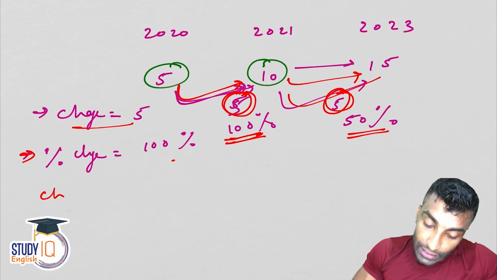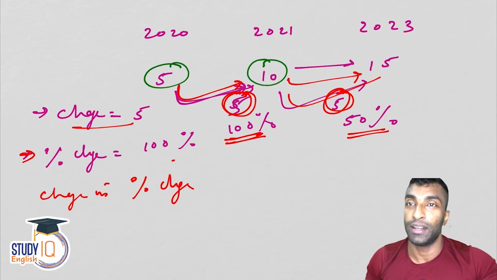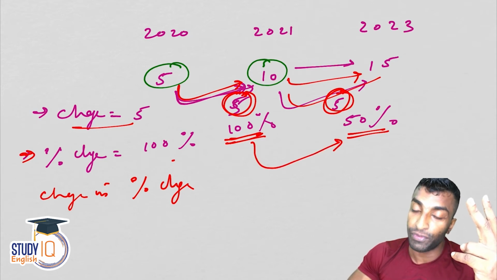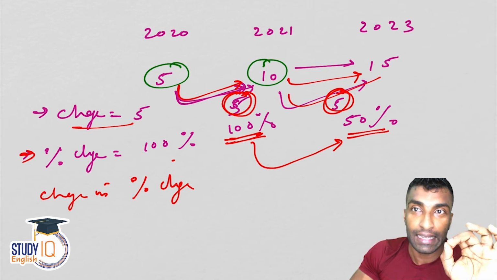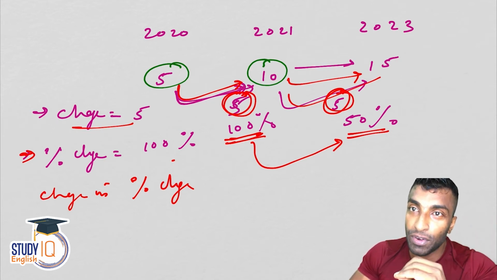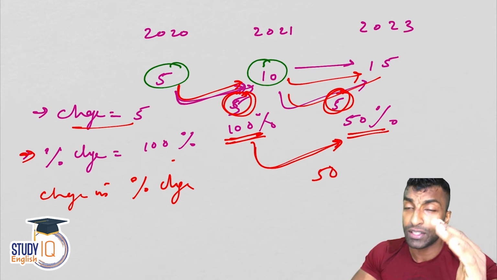Now I can also ask you change in percentage change. For that I need two percentages. So what is that? 100 to 50. This is the percentage point change, the change in percentage change. It was 100%, now it is 50%. So what is the change in percentage change? It is 50. Between these, what is the difference?